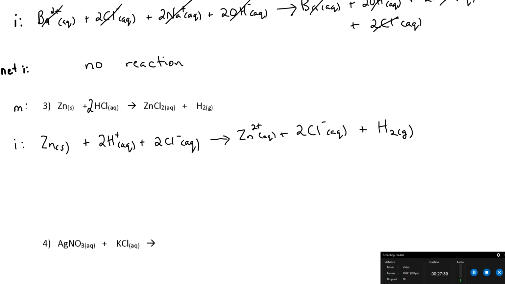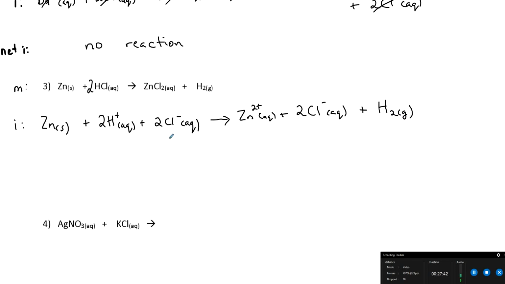So do we have some spectator ions here? Remember, they have to be identical on both sides. Okay, so they have to look exactly the same. So zinc solid is not the same as the zinc ion with the positive 2 charge. So those do not cancel. I've got hydrogen ion, 2 of them.